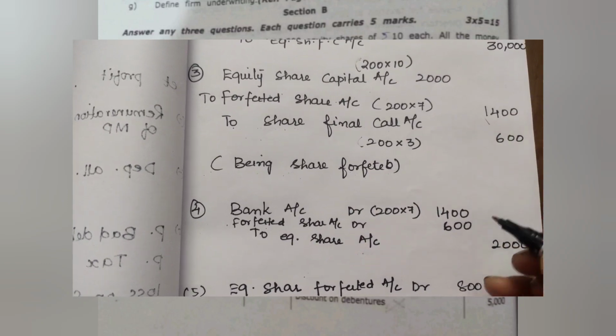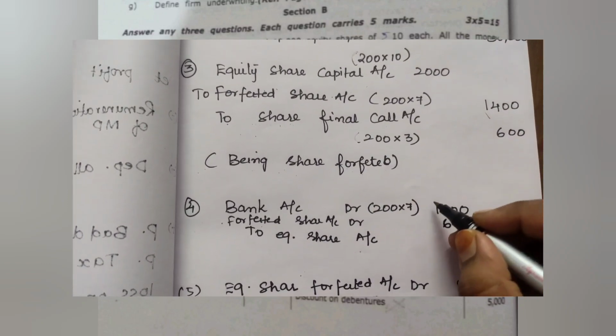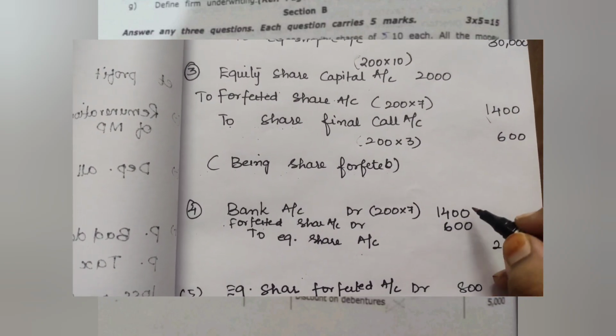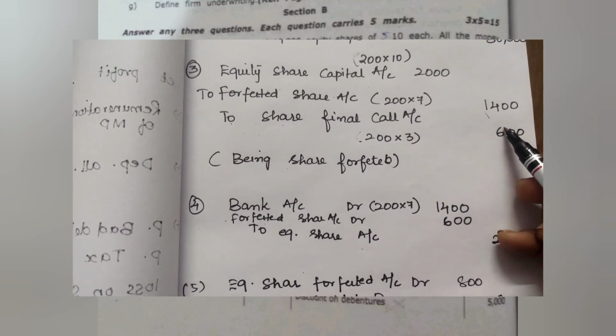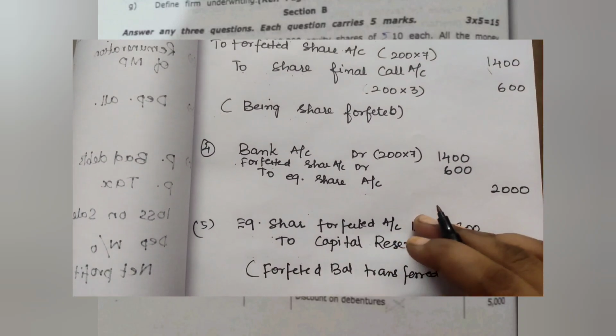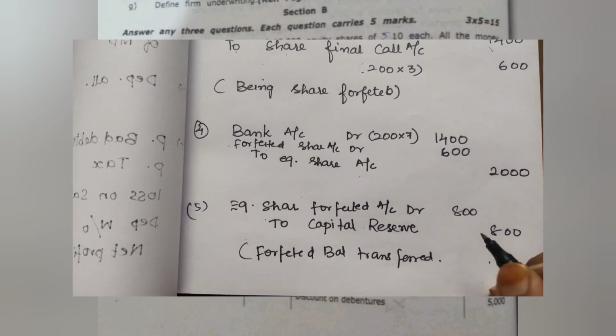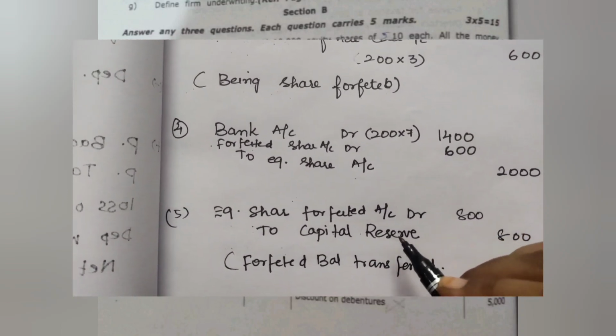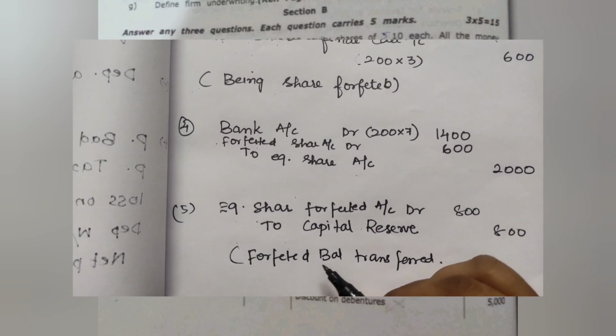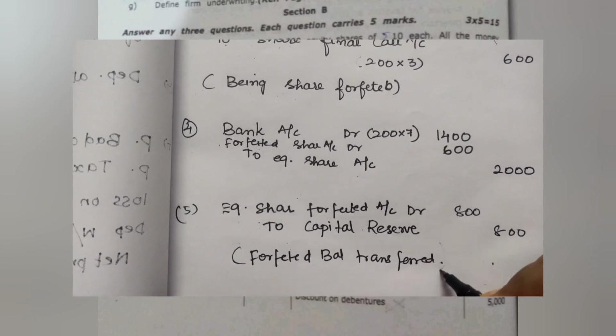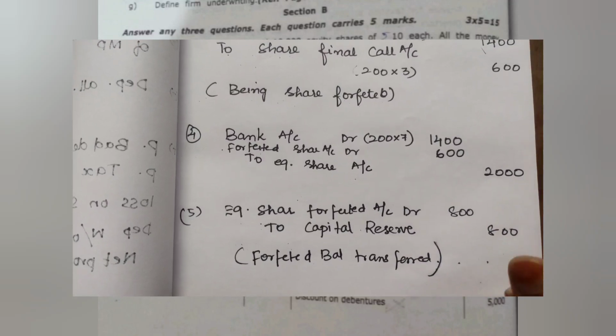Instead, we have received 1,400 again. So 1,400 minus 600 gives the profit on reissue, which is 800 rupees. That money we need to transfer to the capital reserve. So the forfeited balance is transferred to the capital reserve account. This is the entry you need to give.